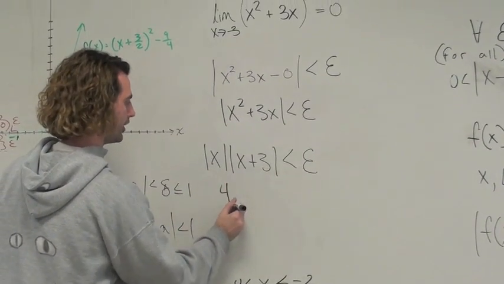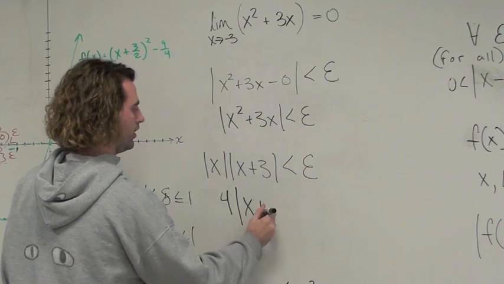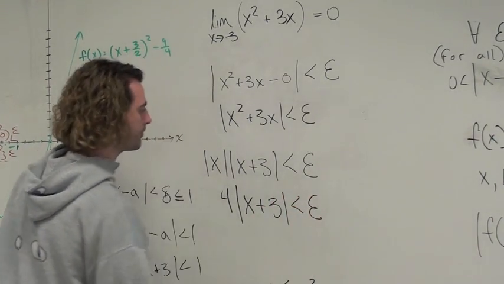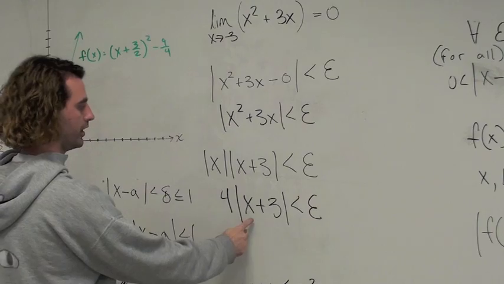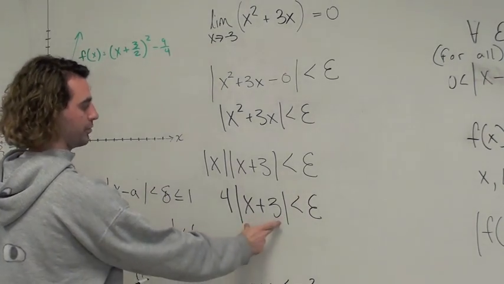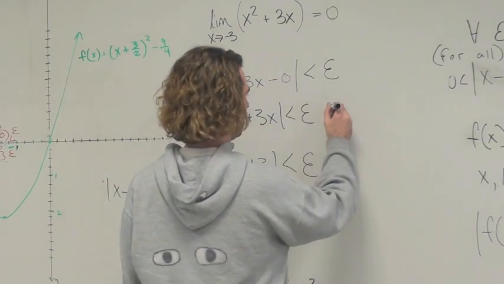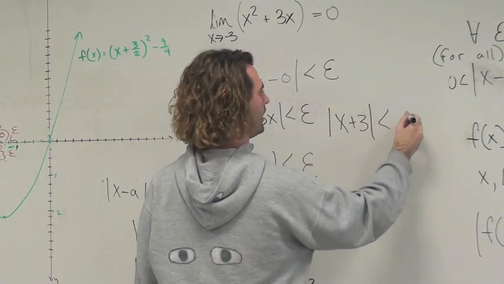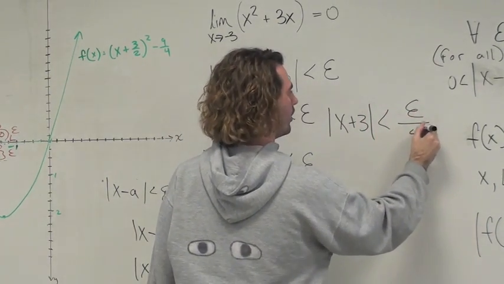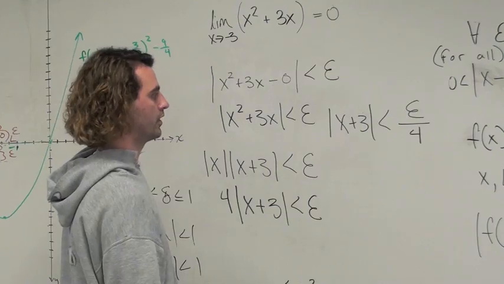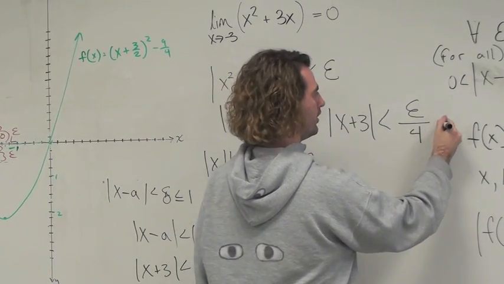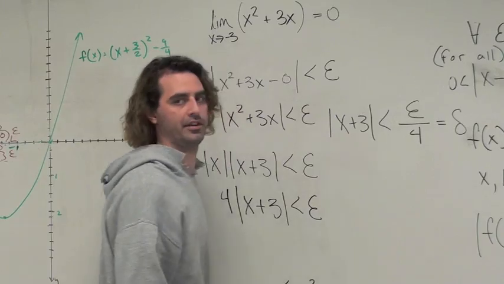We can say 4 times the absolute value of x plus 3 is less than epsilon. Solving just for the absolute value of x plus 3, we get that the absolute value of x plus 3 is less than epsilon over 4. So now that we have this isolated, we're going to choose this to be our delta.